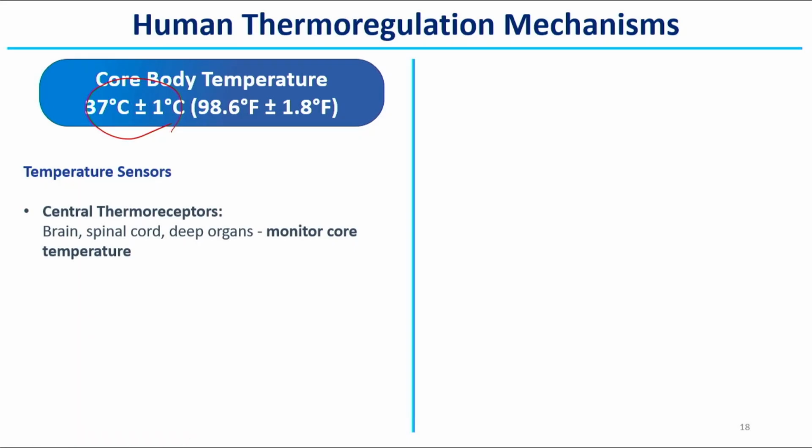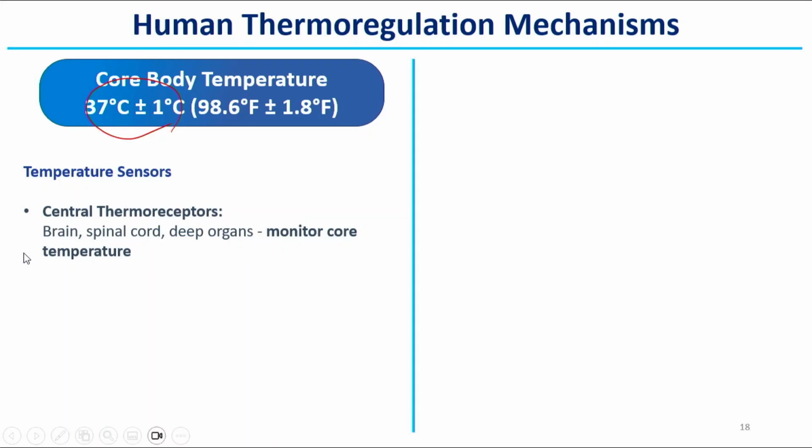There are different types of thermoreceptors in our body which sense the temperature. These are positioned in the brain, spinal cord, deep organs, and in the skin.